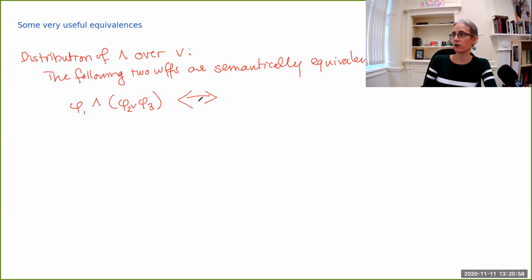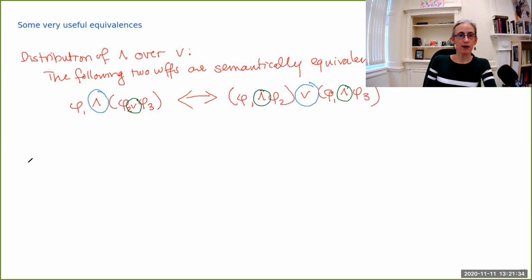Remember that from a few videos before. If we take phi1 and phi2, or phi1 and phi3. So you see that we have gone from something that had a conjunction as the main connective to something that had a disjunction as the main connective, and within one of the conjuncts we had this disjunction. Now within each of the disjuncts we have a conjunction.